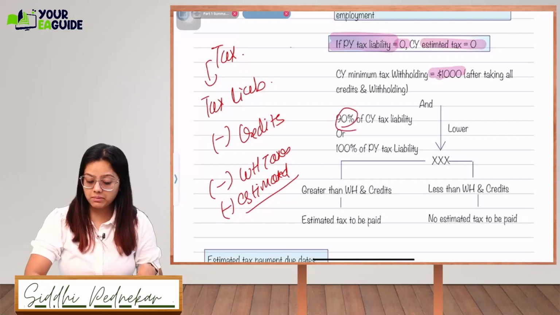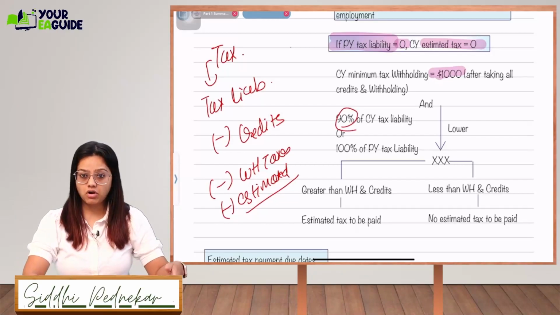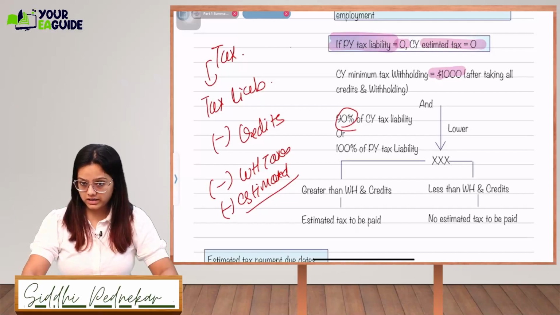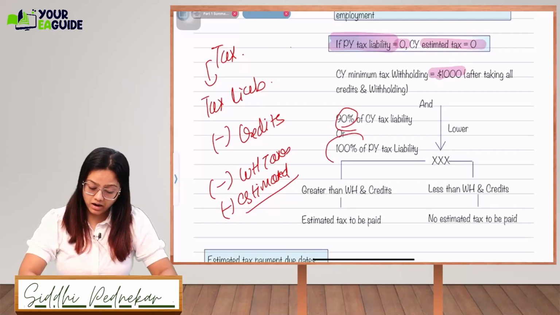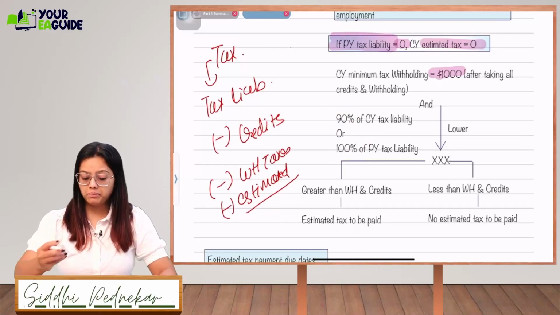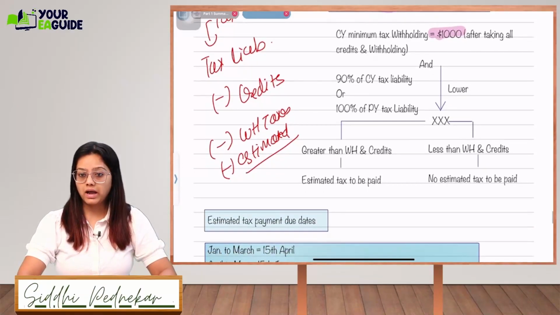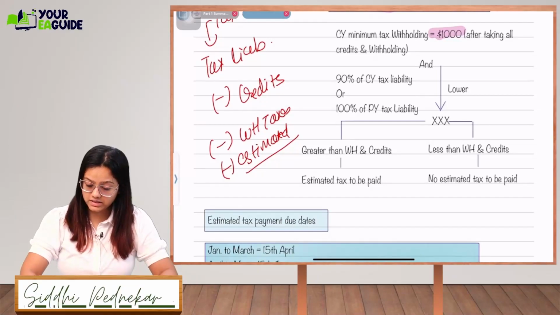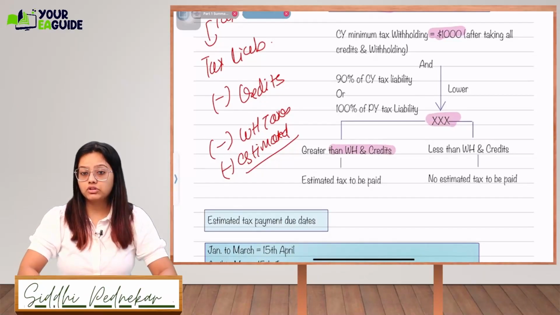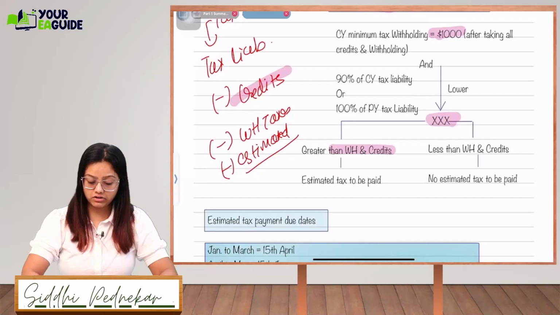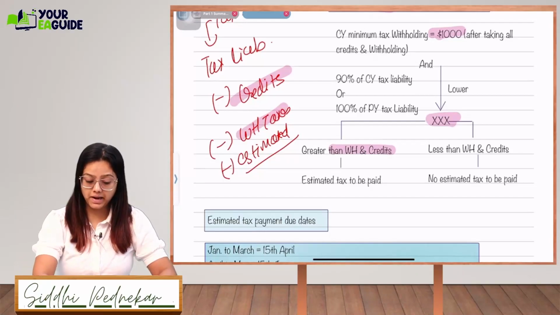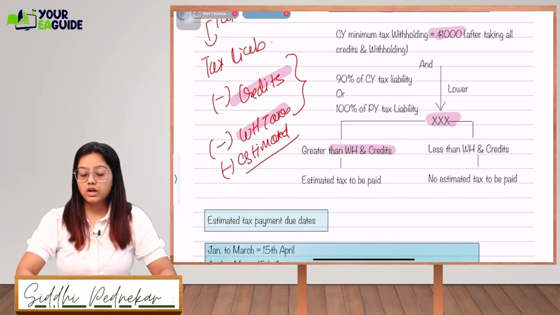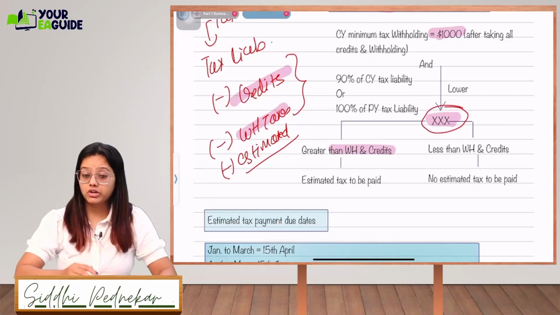So take a flat 90% of your current year tax liability, or a flat 100% of your previous year tax liability, whichever is lower, and check whether this amount is greater than withholding and credit. So in the current year, whatever are your credits and withholding, you have to compare these two amounts with whichever is the lower amount.